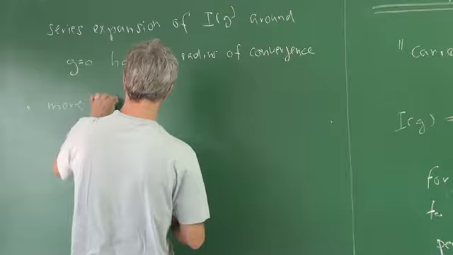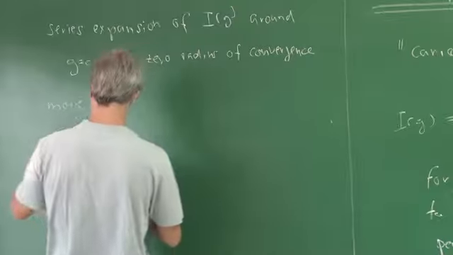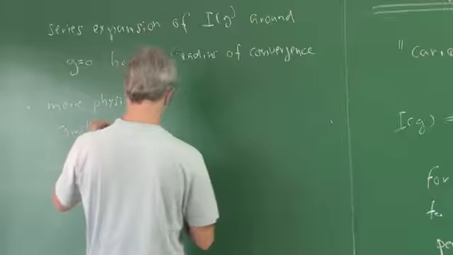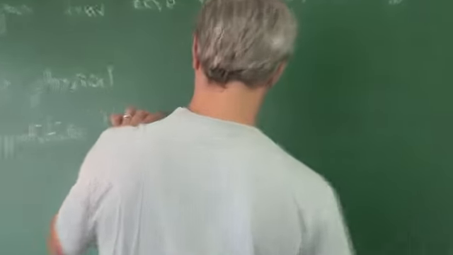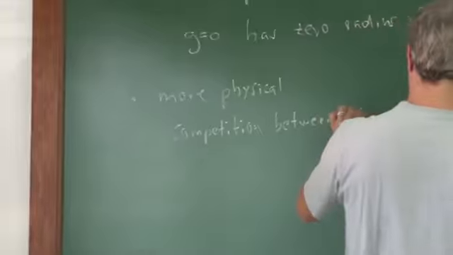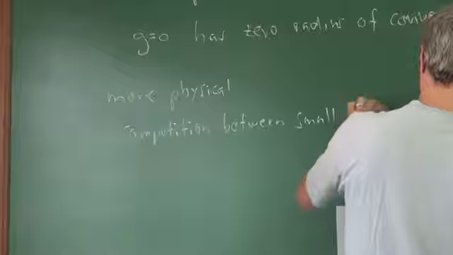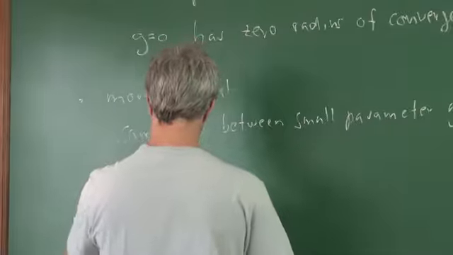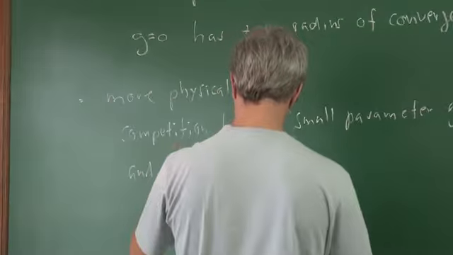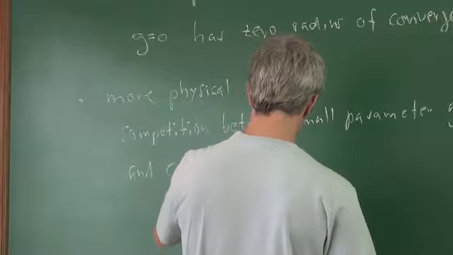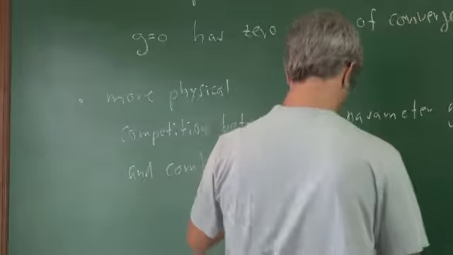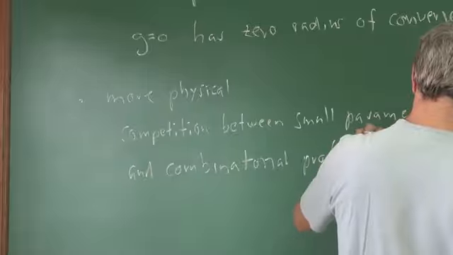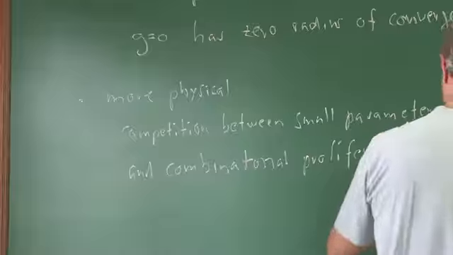More physically, what is happening is that you have a competition between the small parameter g to the n and a large combinatorial factor, a proliferation of contributions.